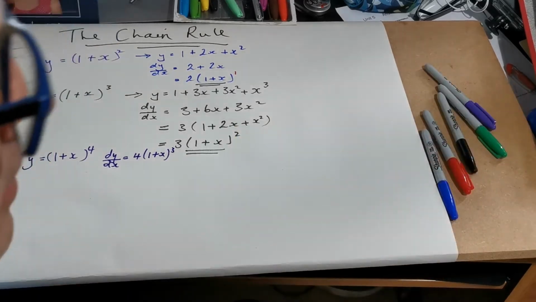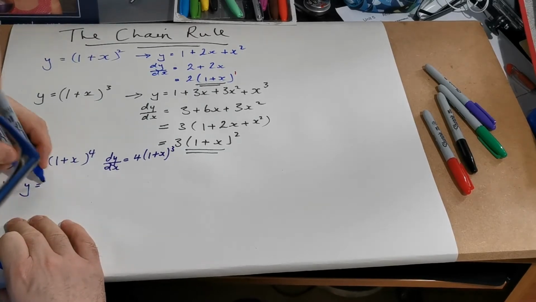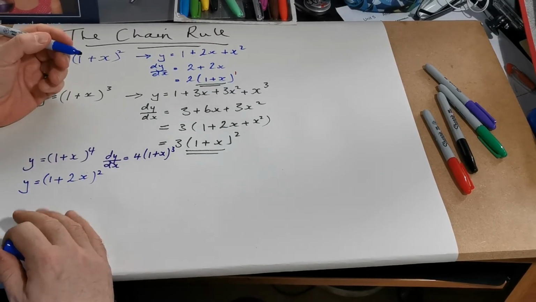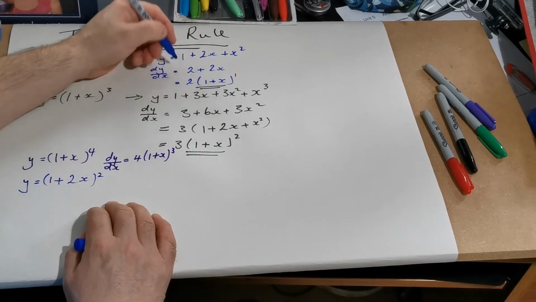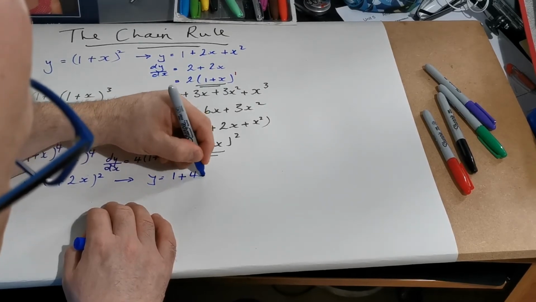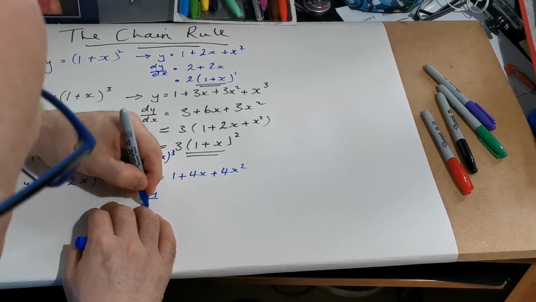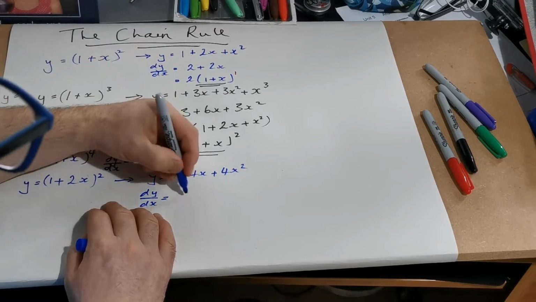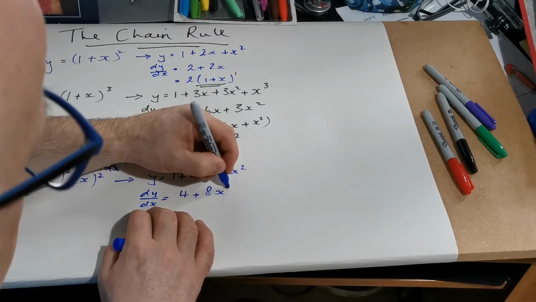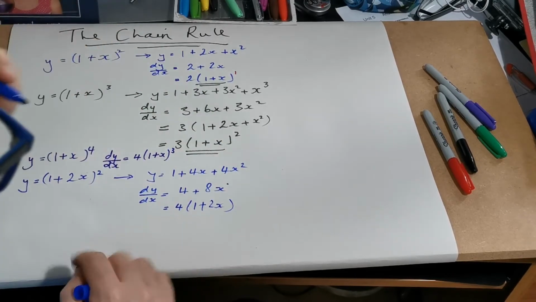And that's great. But what about if I wanted to do y is (1 plus 2x) squared? Well, let's go back to this first principles way and say that y is equal to 1 plus 4x plus 4x squared. If I differentiate that, I get 4 plus 8x, which is 4 times (1 plus 2x) to the 1.